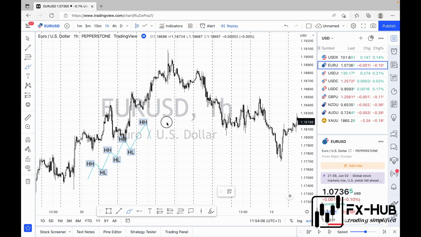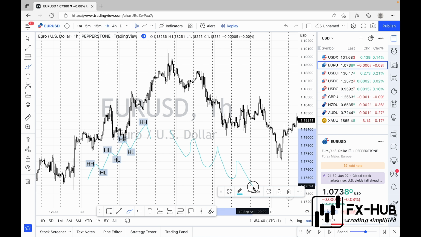Now let's look at a bearish trend. In a bearish trend, we have something like this. Let me go down again. Let me draw something better. So what do you notice?